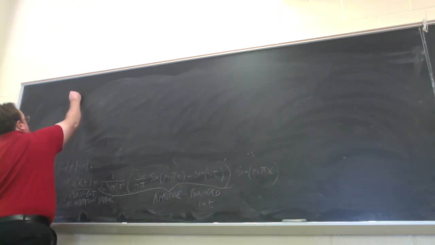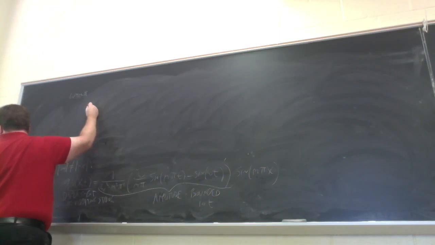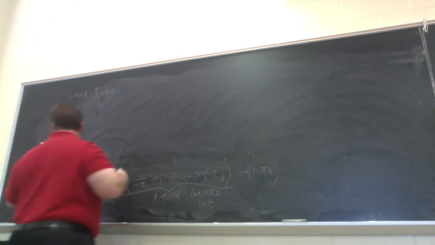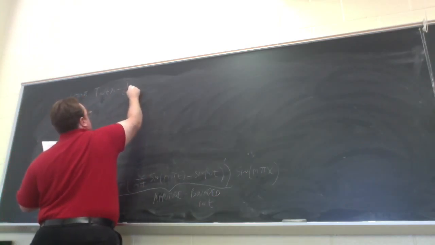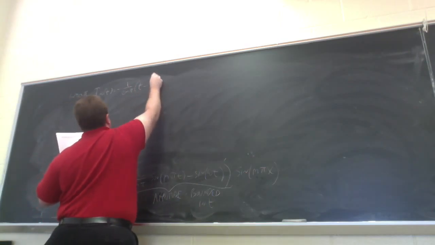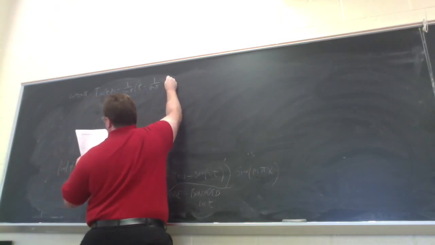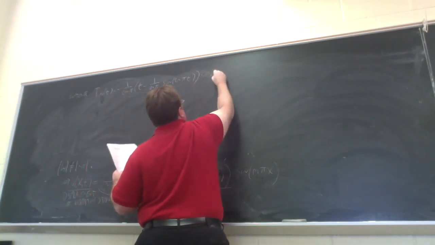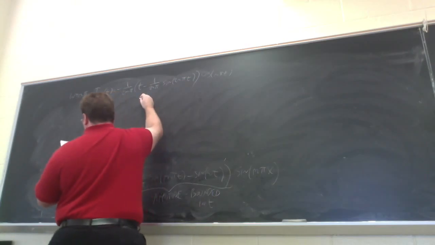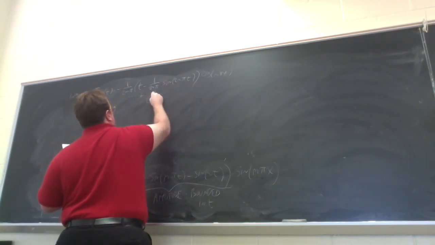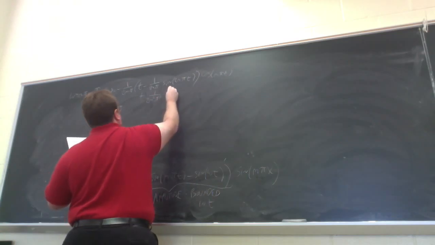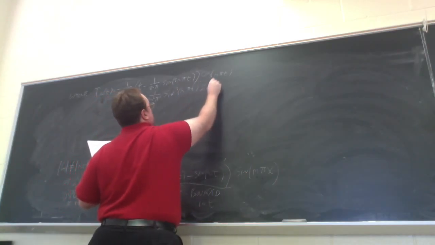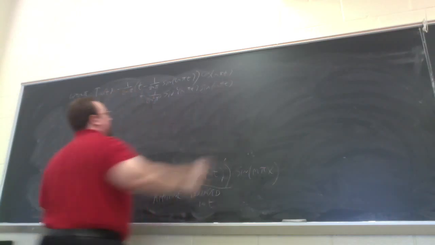So omega equals m pi, what we get is Tm of t is u1 times cosine m pi t plus u2 sine squared m pi t times sine m pi t. Of course, that just becomes sine cubed.